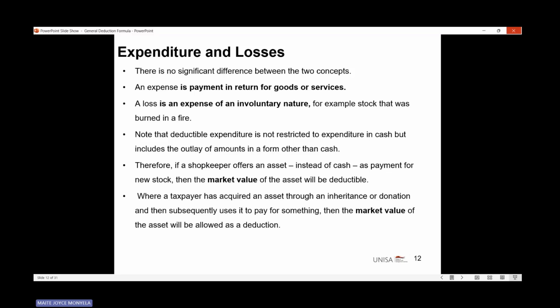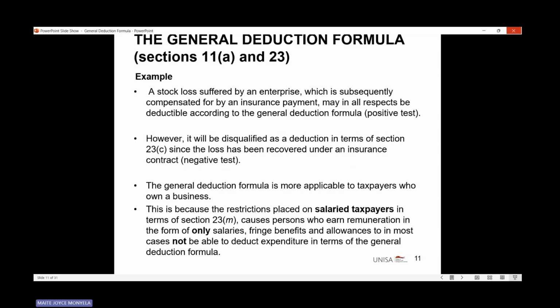Before we go to expenditure and losses, do you have any question on the requirement of carrying on a trade, especially the employment and the negative and the positive test? Will you be able to apply the negative and the positive before we go to the next requirement, which is expenditure and losses? Let's discuss it and see if we understand it before we move on.